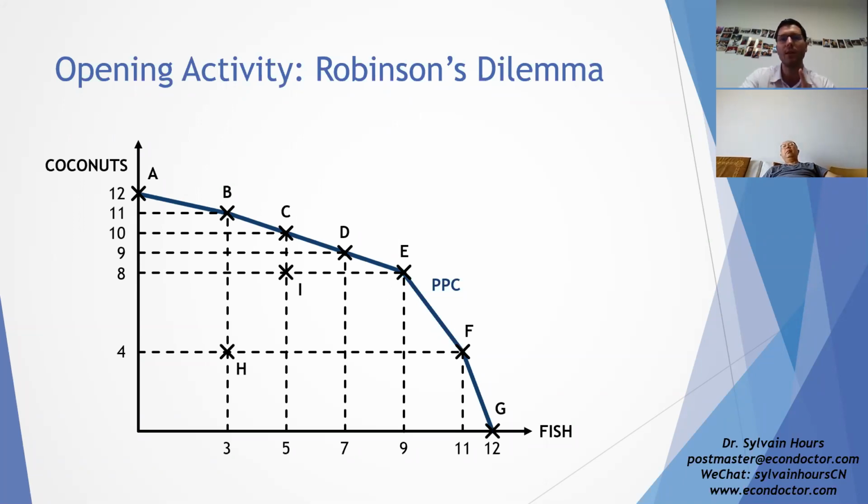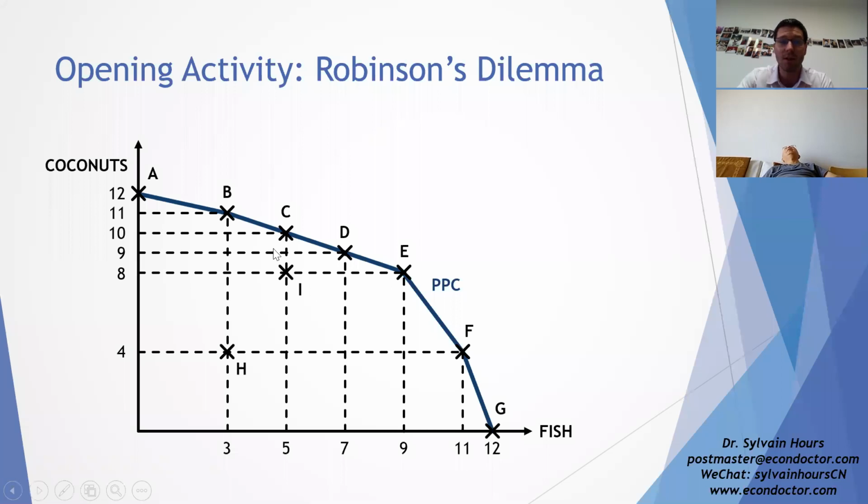So remember what the objective of this exercise is. The objective is to help Robinson allocate his time so he maximizes his satisfaction. Very intuitively, your students will be able to understand that if Robinson wants to maximize his satisfaction, it is impossible that the best solution is a point below the PPC.